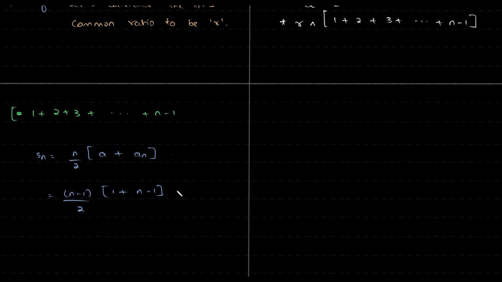All of this put together is (n minus 1) into n by 2. Finally, we have a to the power of n into r to the power of n into (n minus 1), the entire thing divided by 2.